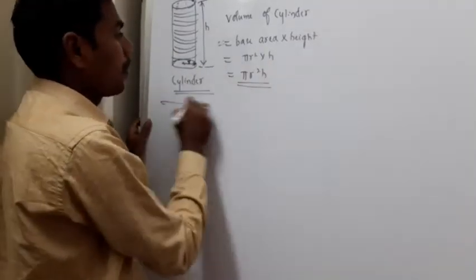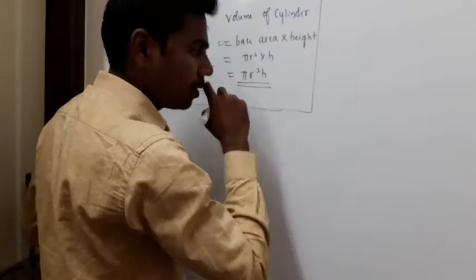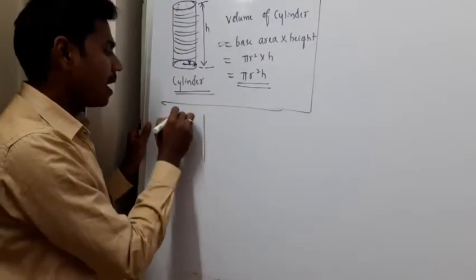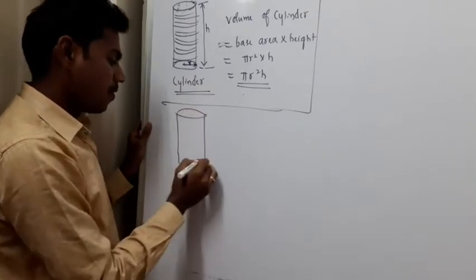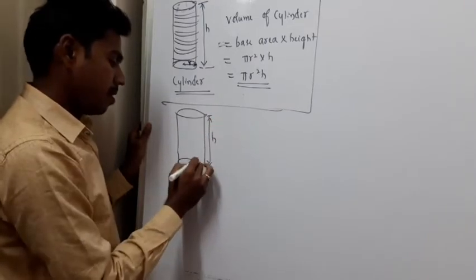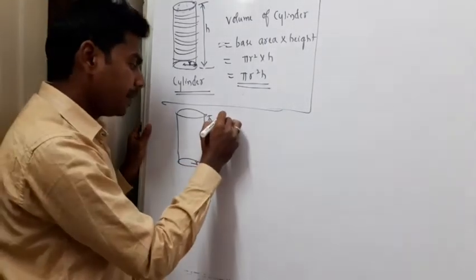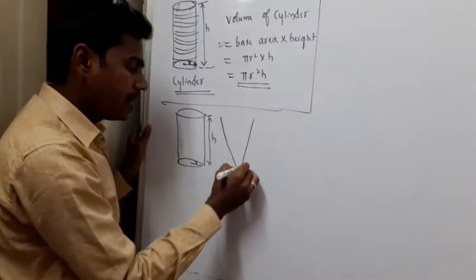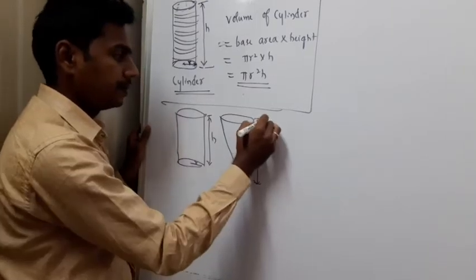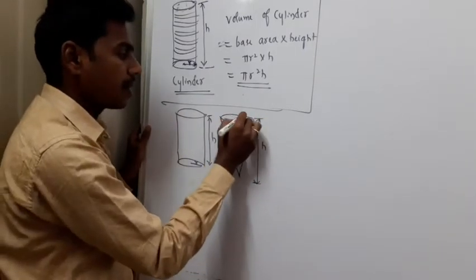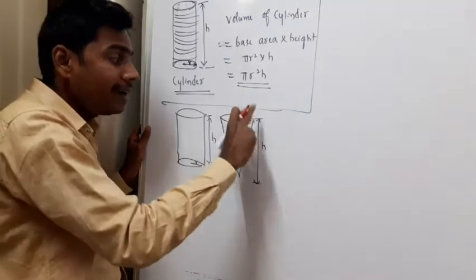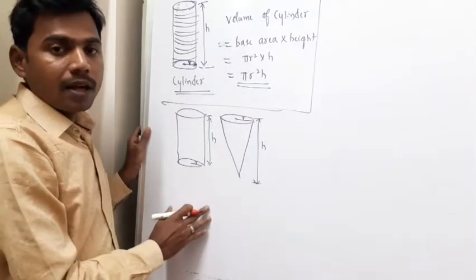Then volume of cone. For that, what you need to do is take a cylindrical container of height H and radius R. Then next take a right circular cone of the same height H and same radius R. The height and radius of this cylinder should be equal to the height and radius of this right circular cone.